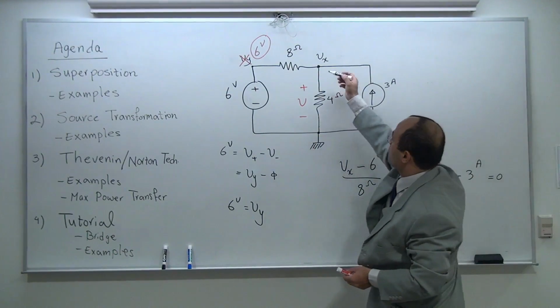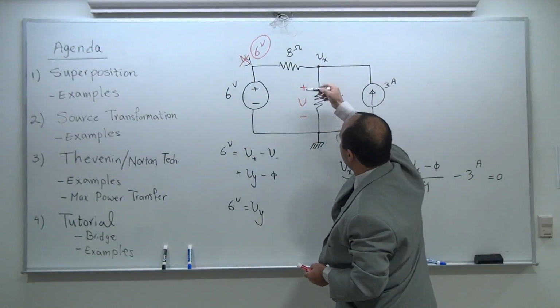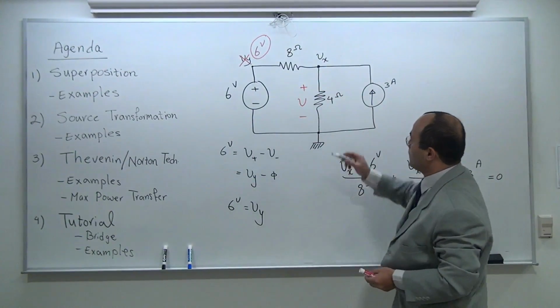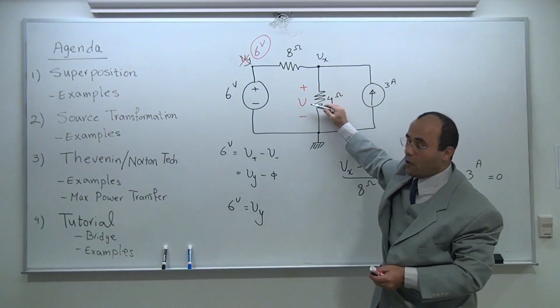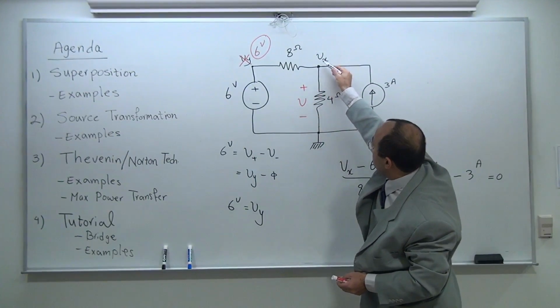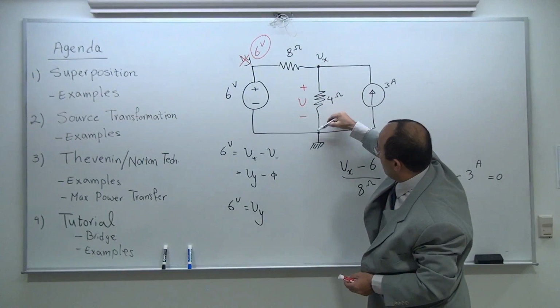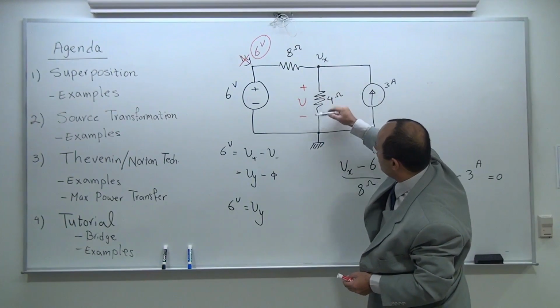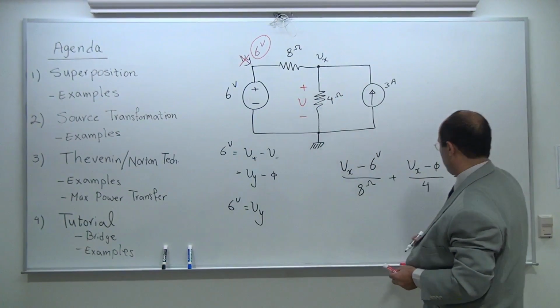Obviously, when I solve the system, whatever happens to be my Vx is going to be the voltage V, because this V as an unknown is equal to the plus side minus the minus side. So V is equal to Vx minus 0, V is equal to Vx.